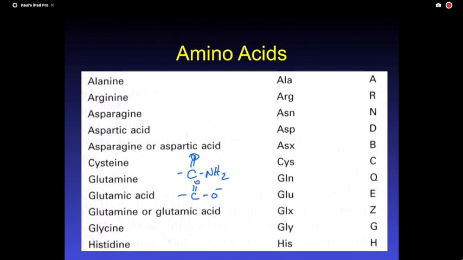Now, there is going to be an experiment that we do in which we're going to identify what amino acids are in a protein. We do that by breaking peptide bonds and breaking them into individual amino acids. A peptide bond, a bond between two amino acids, is between the nitrogen of one and the acid of the other, and creates this structure right here.